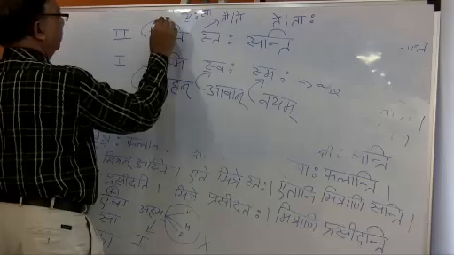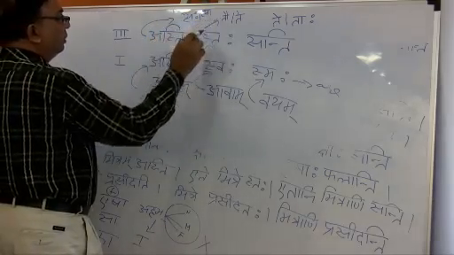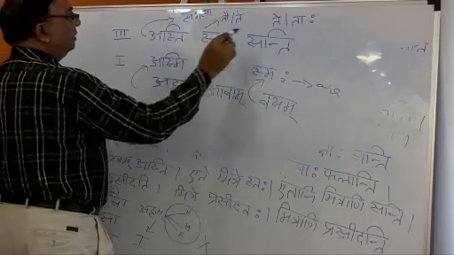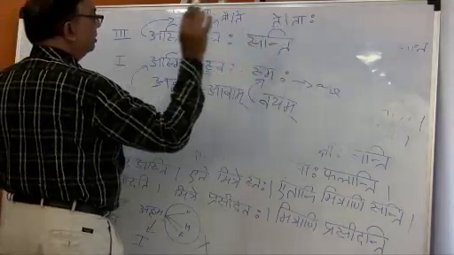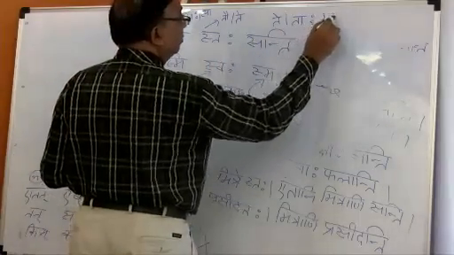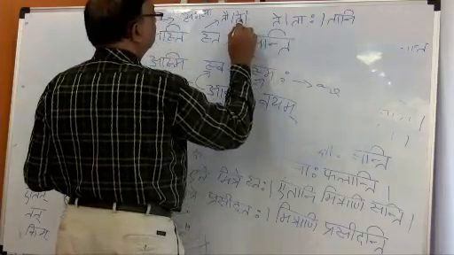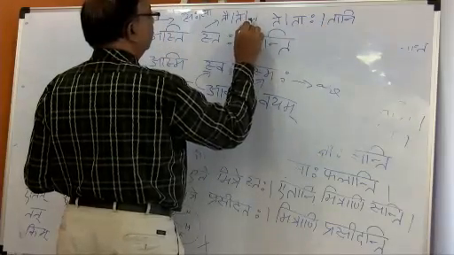Matching pronouns: saha asti, sa asti, tau staha, te staha, te santi, taha santi. One more you can write, tani also here. Neuter.